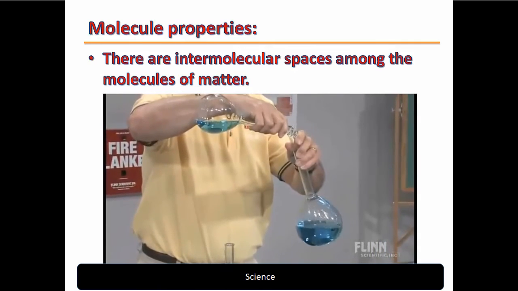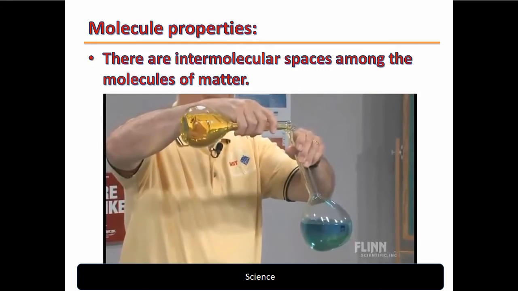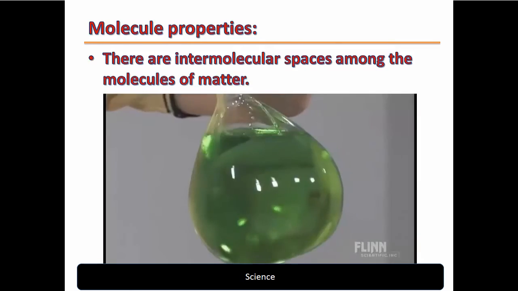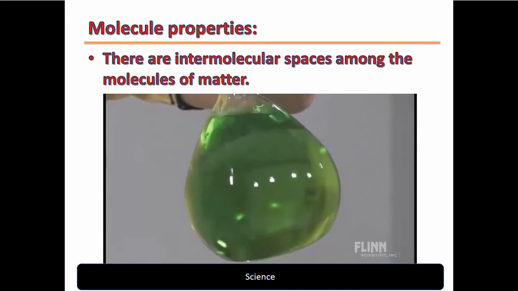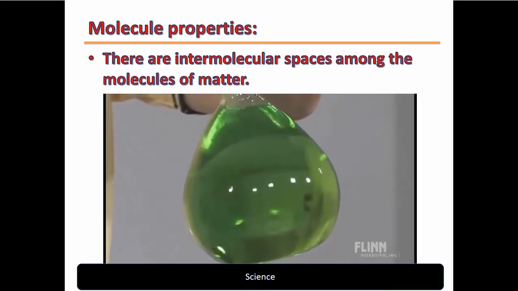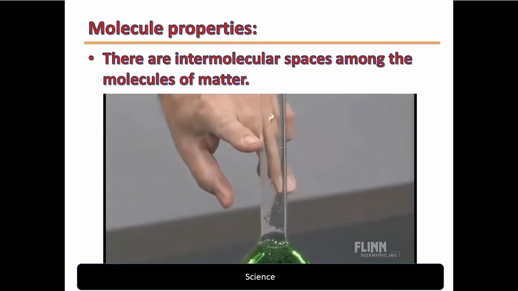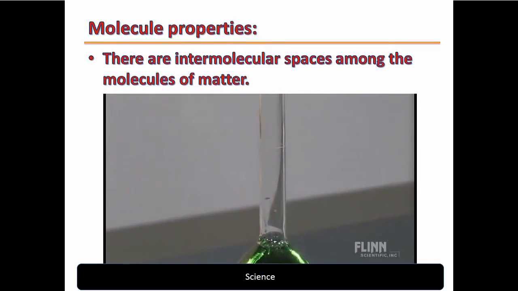They are both colorless, but we added some color to make them visible. By adding the 500 cubic centimeters of water to the 500 cubic centimeters of ethyl alcohol, we will find that the final volume will be less than 1000 cubic centimeters, although 500 plus 500 is equal to 1000.